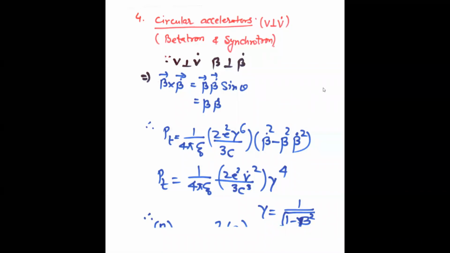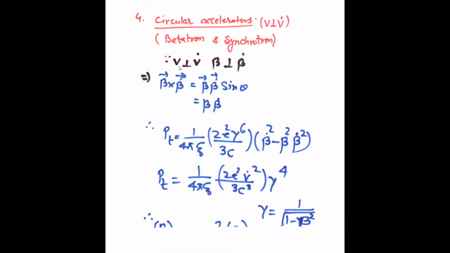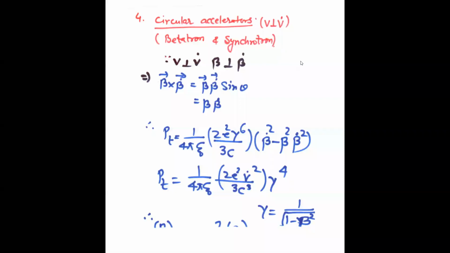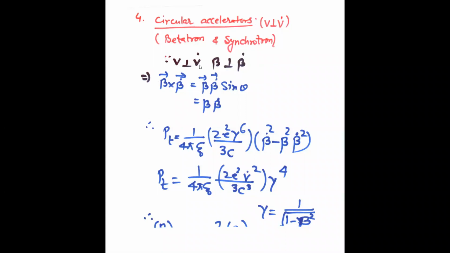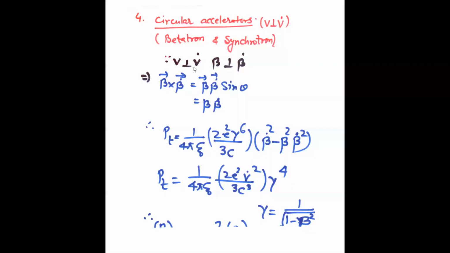Why? Because when the charged particle is moving along a particular direction with velocity v, the acceleration is always perpendicular to it. So in circular motion, you know this phenomenon, both velocity and acceleration are always perpendicular to each other, that is, the angle between them is 90 degree.